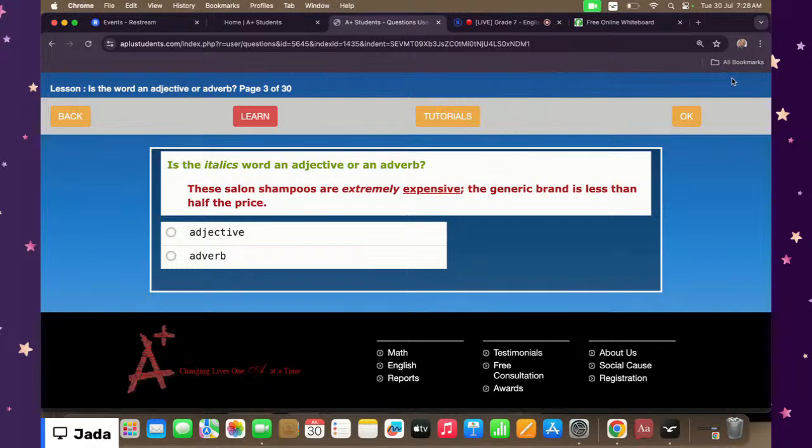Let's see if you all are chatting on the chat already. So, what's the answer? Everyone is watching me. Can you tell me the answer? Is it the adjective or the adverb? Expensive. So, we go with the what?